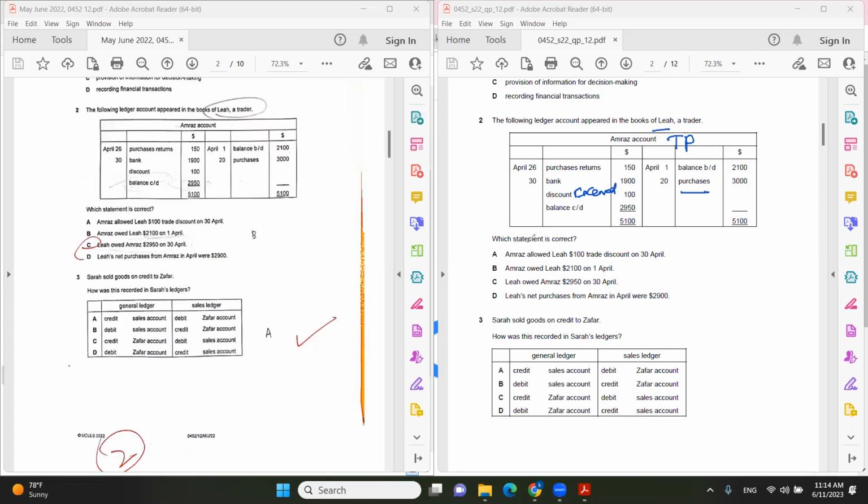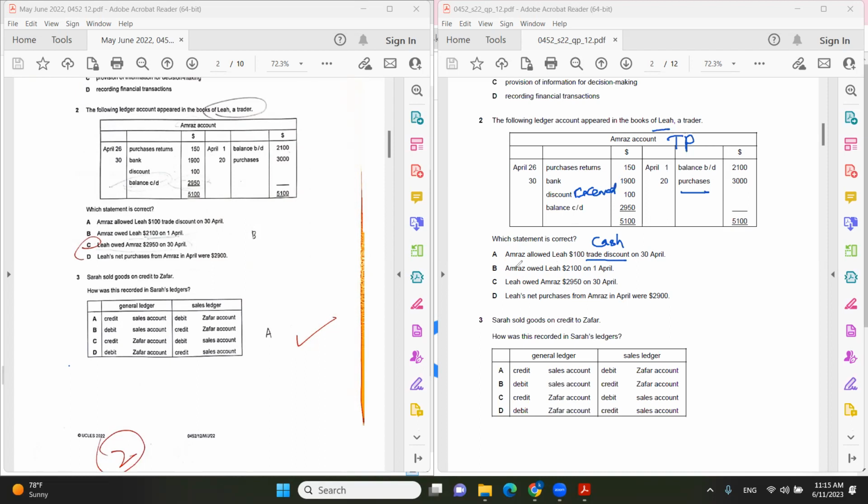Which statement is correct? Amtra allowed Lee 100 trade discount on 30th. So this is not a trade discount, this is called a cash discount. Amtra owed Lee 2,100 on 1st April. Who is owing who?